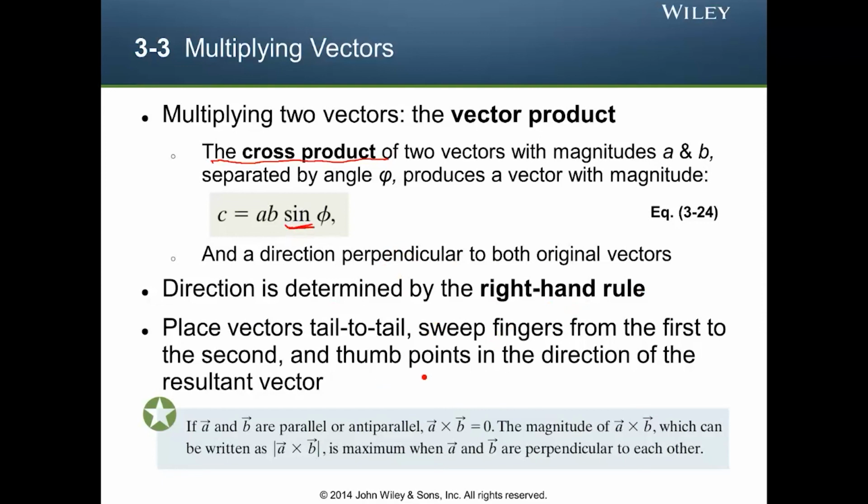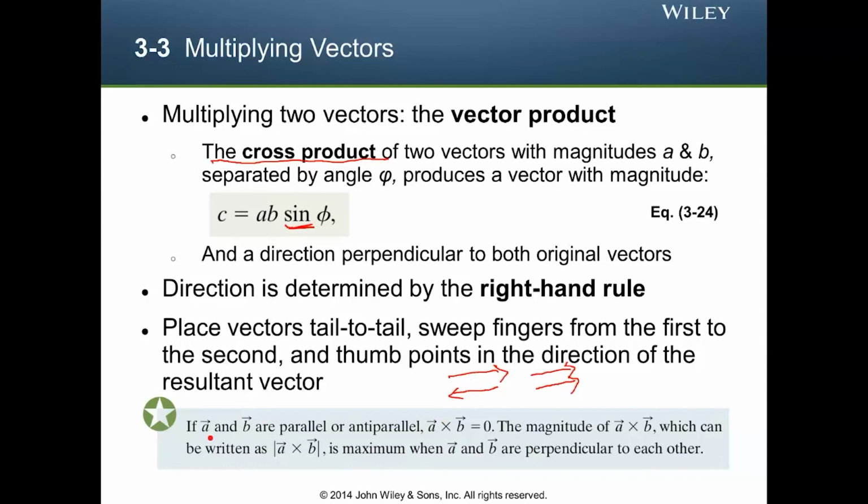There's a little star down here, basically saying if A and B are parallel or anti-parallel, there's 0 degrees difference between them. They're parallel, just going in the same direction or in different directions.